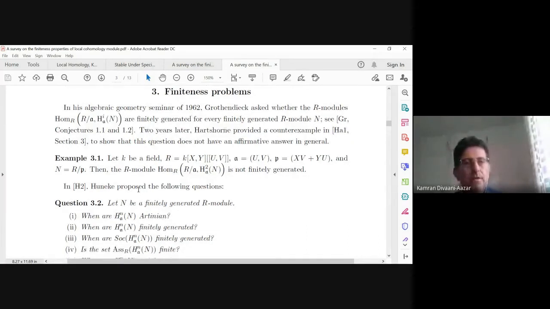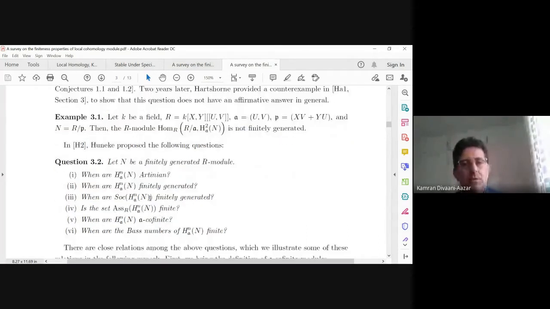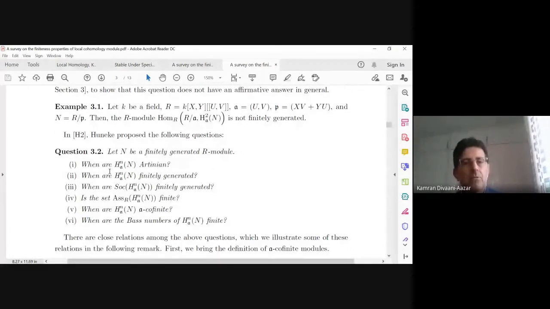In 1991, Huneke proposed this series of questions, and this type of problems are called finiteness problems in local cohomology theory. Let N be a finitely generated R module.